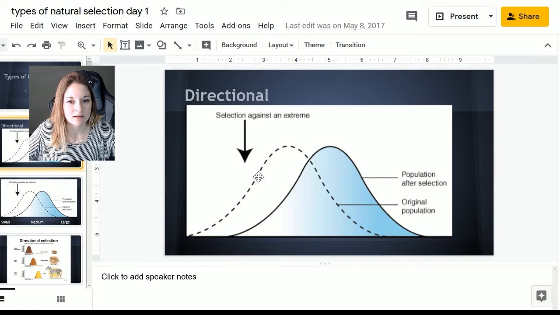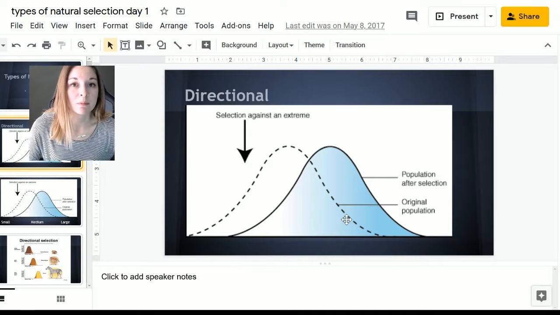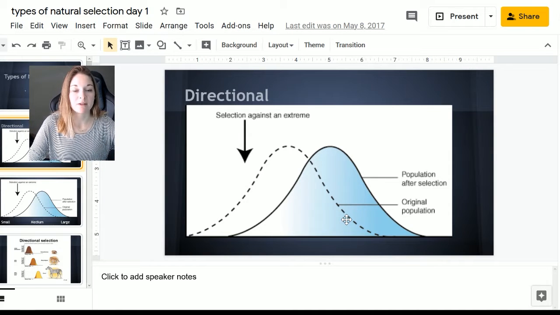And so in this case, if we're sticking with our height example, and I said that all my tall people were represented here, what this is saying is that over time, for whatever reason, being tall was beneficial. And if you remember from our last slides, if you have beneficial traits, that means that you survive to reproduce, and then your children would have those beneficial traits as well.